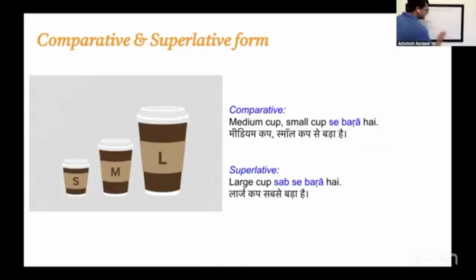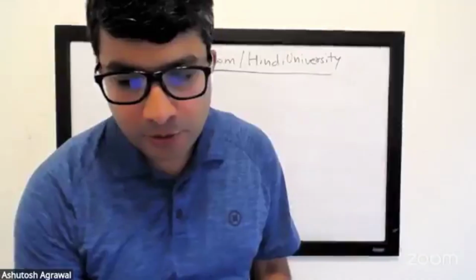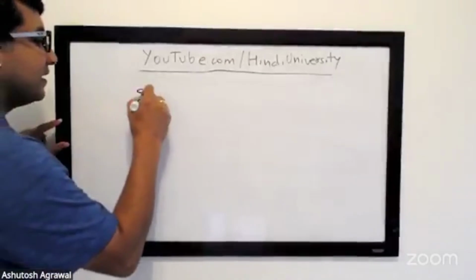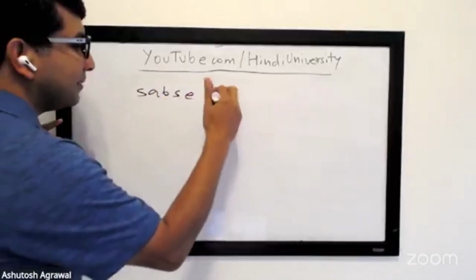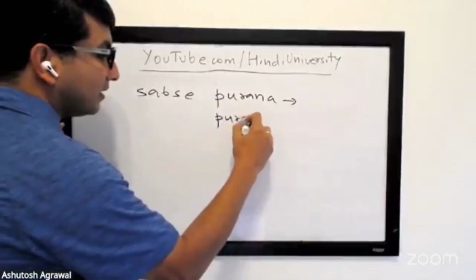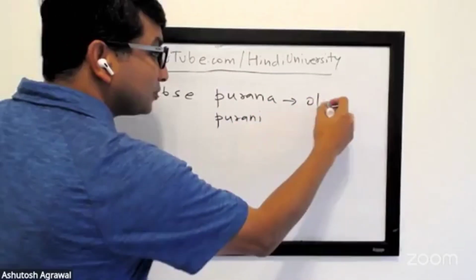So let's just practice. What are the commonly used adjectives or phrases that you hear a lot? सबसे लंबा और सबसे पुराना. What is सबसे पुराना? Oldest, right? सबसे पुरानी.